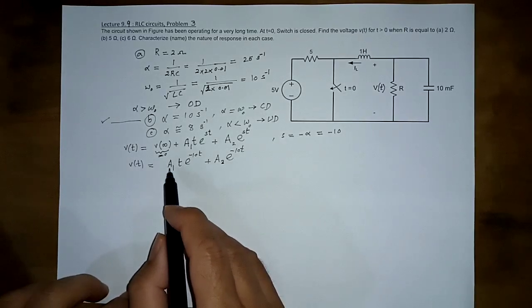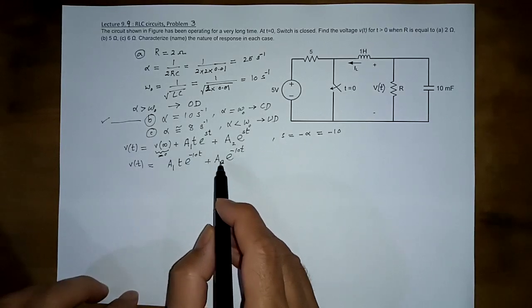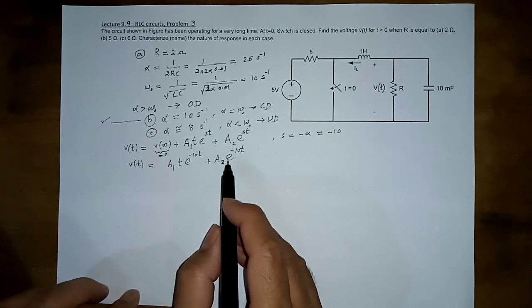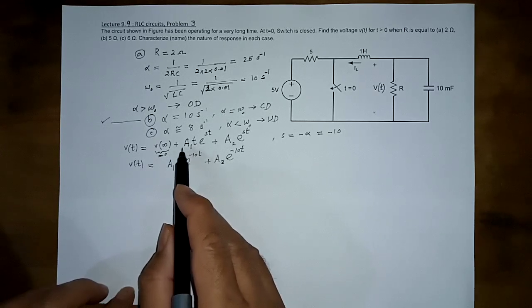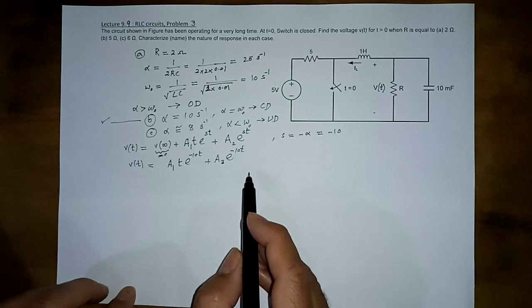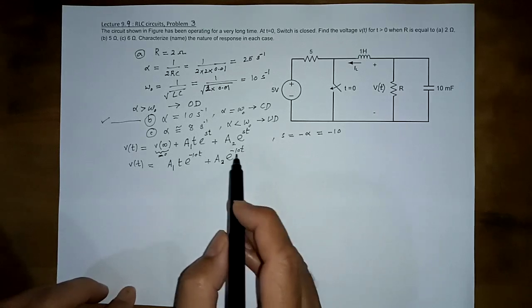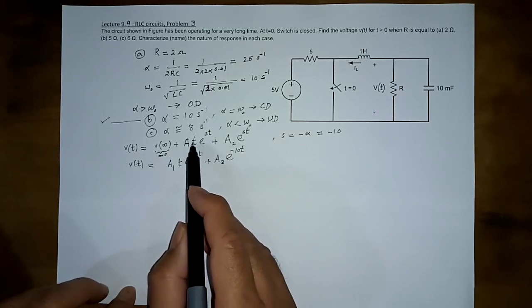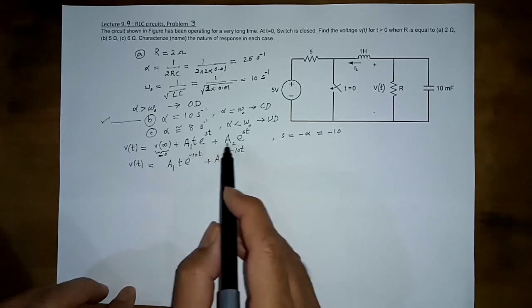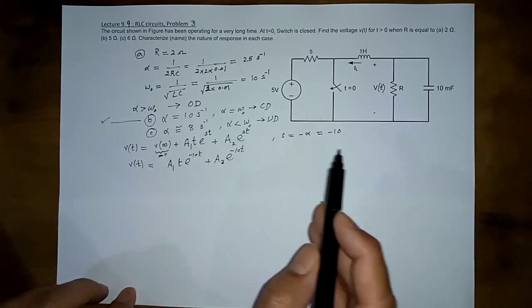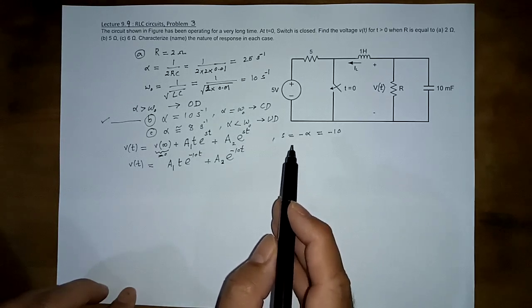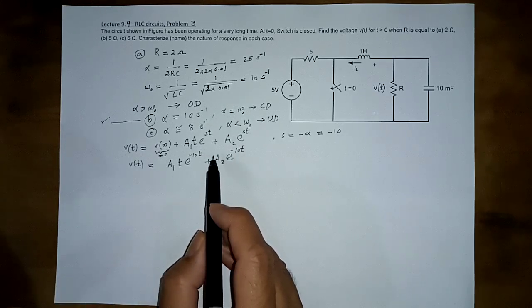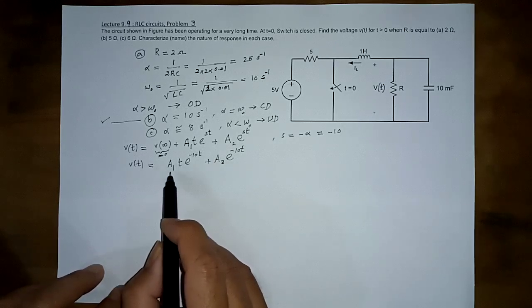So which of the constants is called A1 and which one is called A2, it does not matter. Once you declare the term with the t to be A1, however, then stick to your assumption throughout the question. If in the next question you take this to be without t and you call this A1 and put t here, for that question conform or stick to that notation. Be consistent in one problem. So what do we get here?